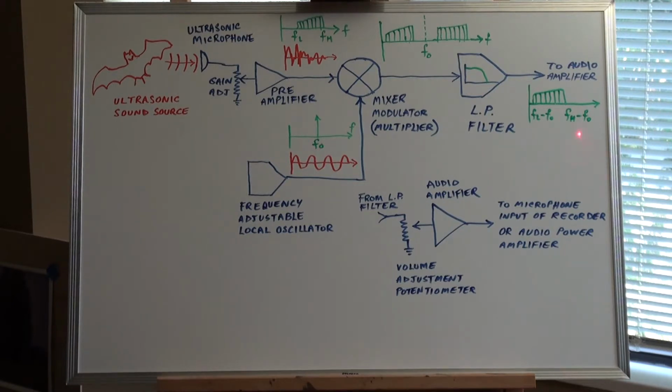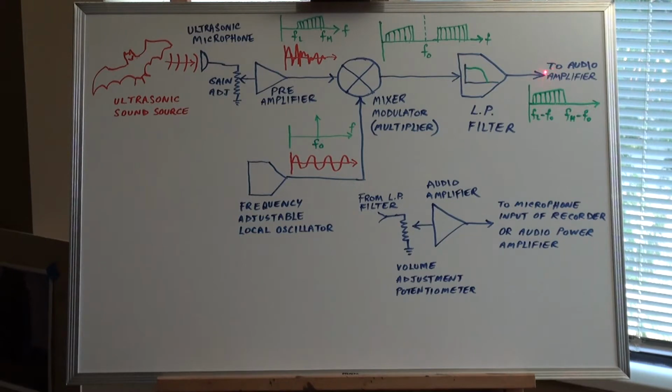So the output result of the low-pass filter will just be the difference frequencies as depicted here in the Fourier spectrum. FL minus F naught sets the bottom limit, low frequency of the difference frequency band, or lower sideband. FH minus F naught sets the upper limit.